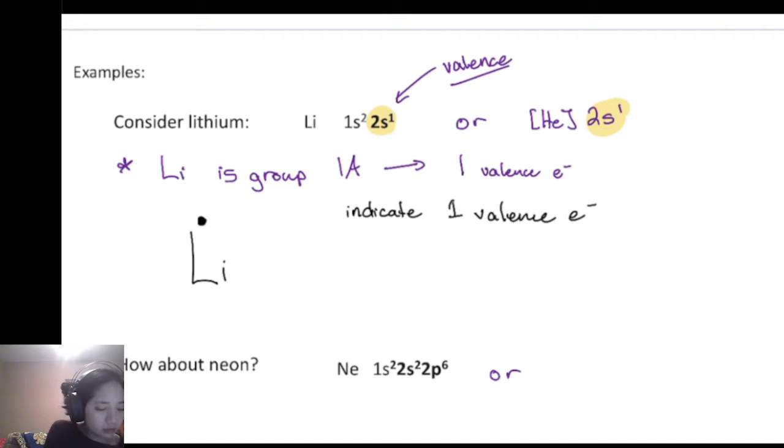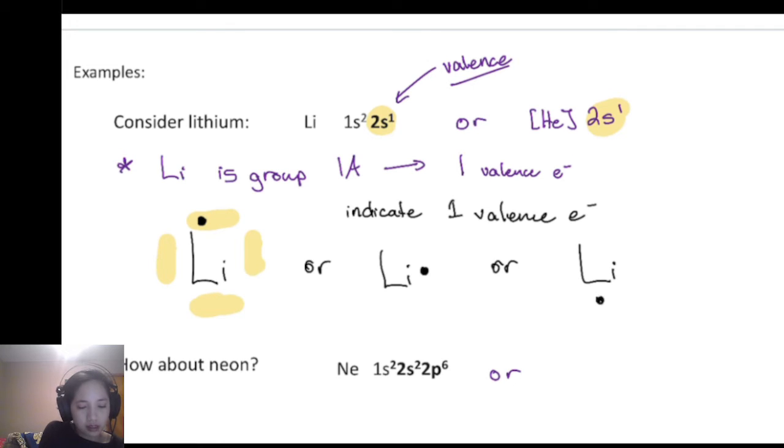Or it doesn't matter really where you put it. Typically, we try to keep the electrons within this imaginary box of lithium. So you could also write it like this, or like this, or like this. It doesn't really matter. We're just indicating that there's one valence electron. So any of these would work.